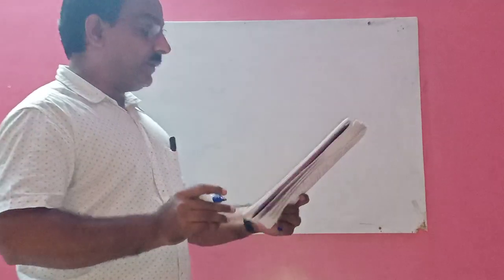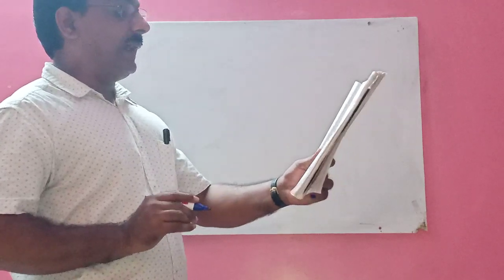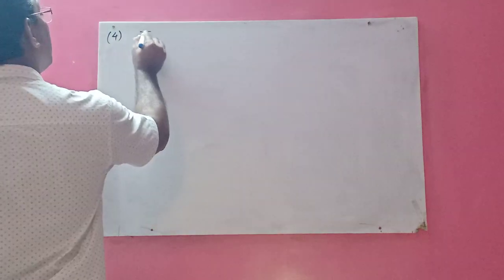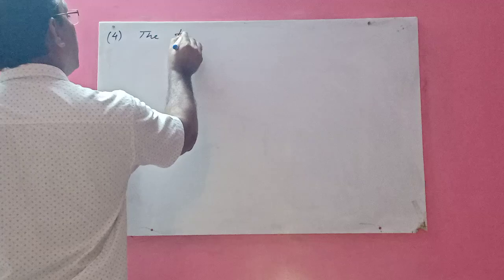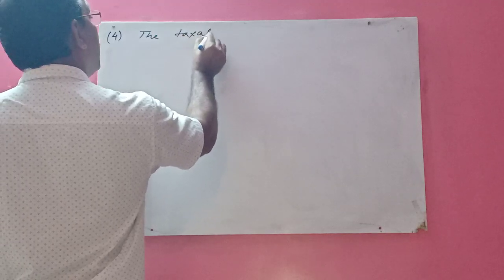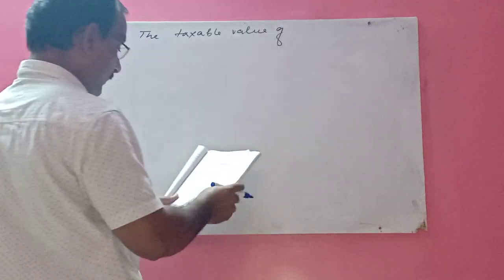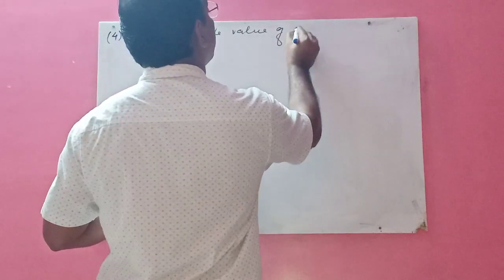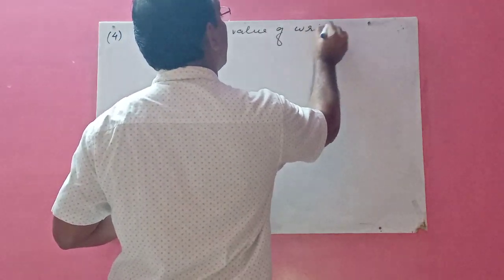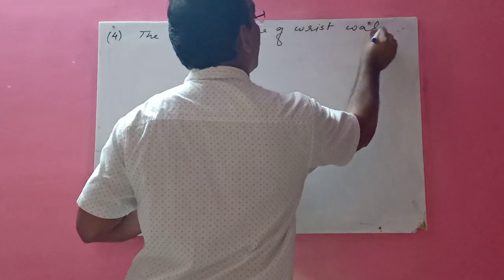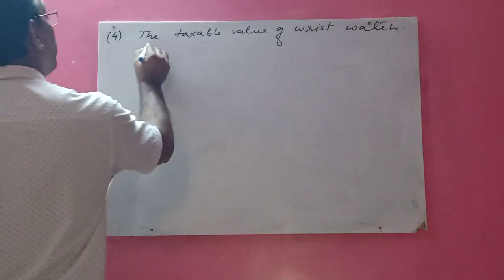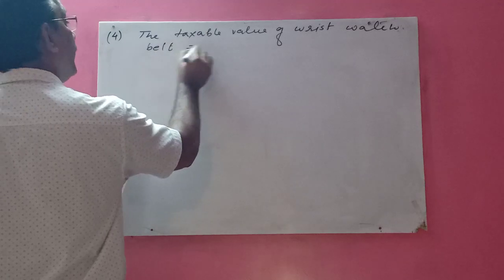So first we will calculate how much GST he paid. Okay. So first what you will write here, children, the taxable value of wristwatch belt. Wristwatch belt is how much, children?